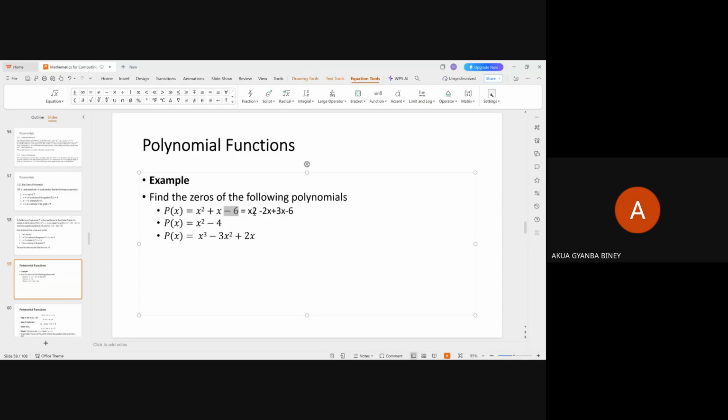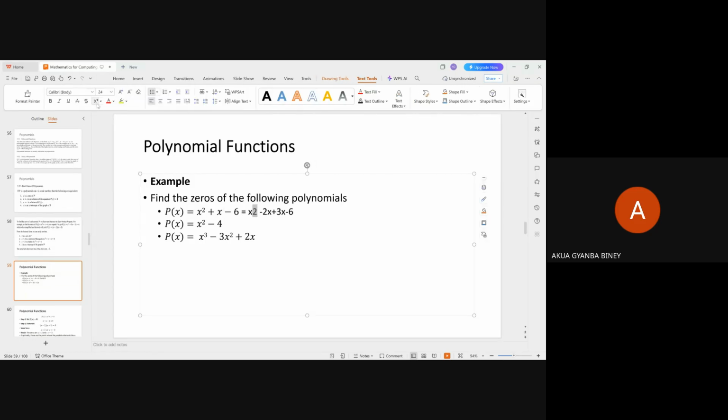So in this case, my factors are x minus 2 and x plus 3. From my factors, I can get my zeros, of which x is equal to 2 or x is equal to minus 3, where I pick each one of them and equate it to 0, and then I make x the subject.